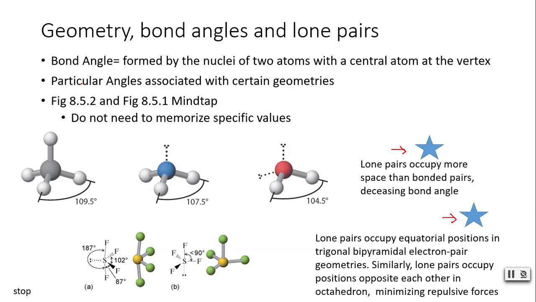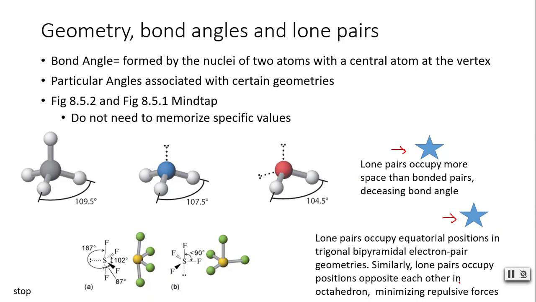Because lone pairs take up more space than bonded groups, they will decrease the bond angle present in the bonded groups for that molecule. That's in general for all molecular geometries. You should also be familiar with the fact that in larger structures, lone pairs of electrons always want to repel each other, so they always want to be in places in that geometry where they minimize repulsive forces.